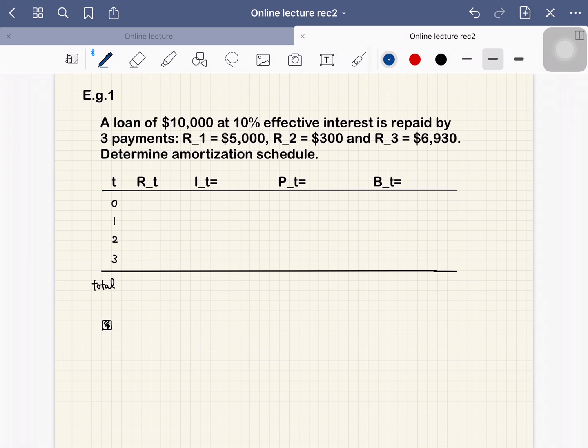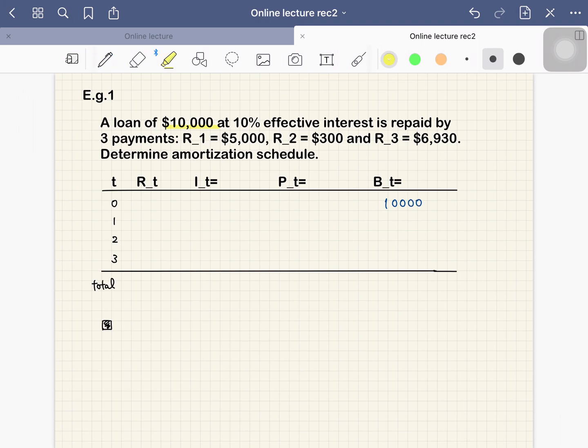Okay, so example. A loan of $10,000 at 10% effective interest is repaid by 3 payments: R1 is 5,000, R2 is 300, and R3 is 6,930. Determine the amortization schedule. At first, the loan is $10,000, so the balance at time 0 is $10,000.